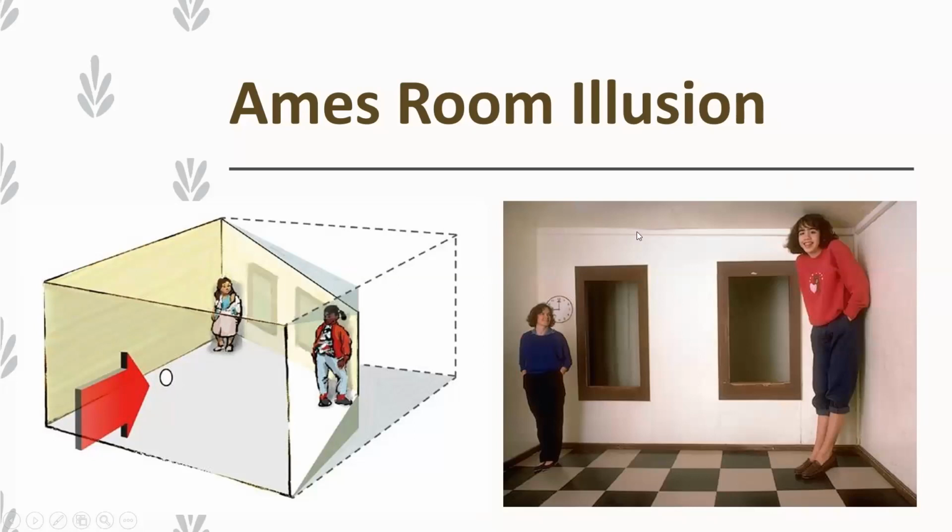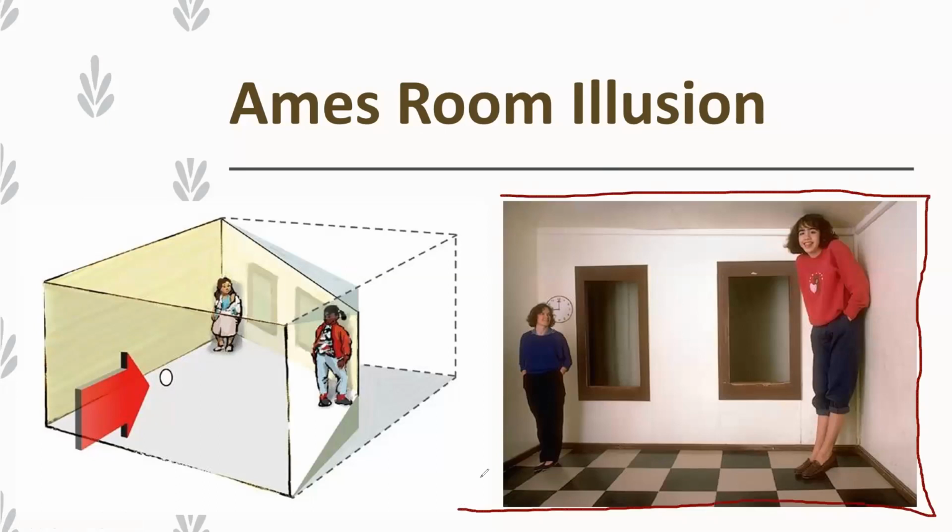When you look through the peephole, the actual shape of the room looks exactly like a rectangle. So this is what it looks like from the peephole perspective, okay, when I'm looking through the little peephole. It doesn't look like any kind of irregular shaped room, it just looks like a rectangular shaped room.